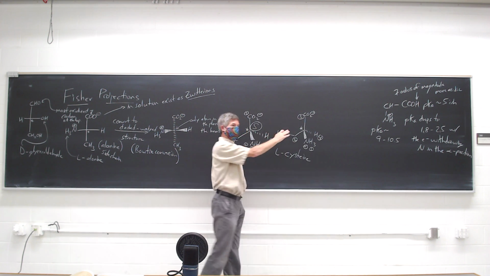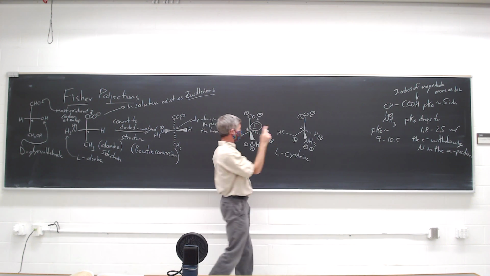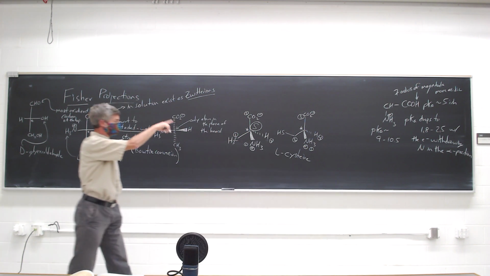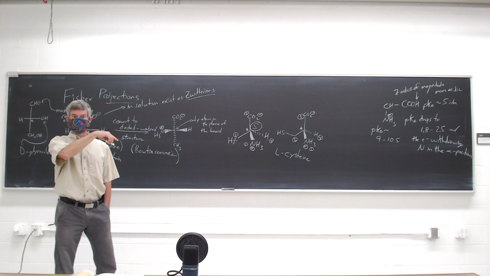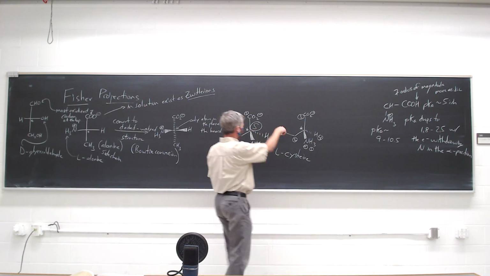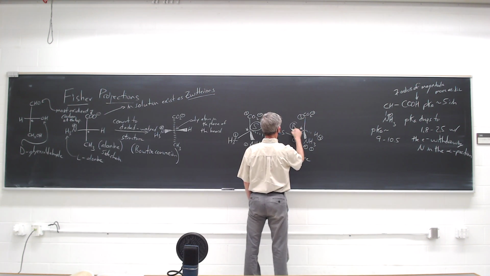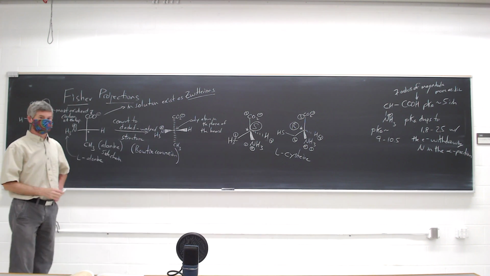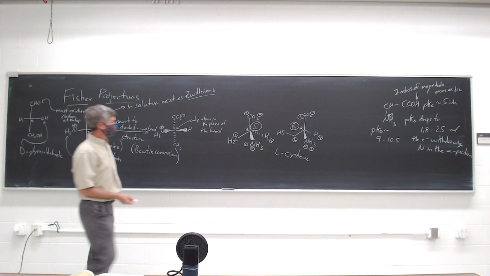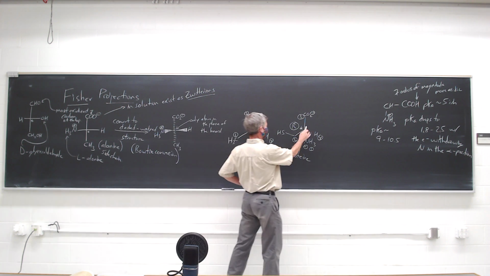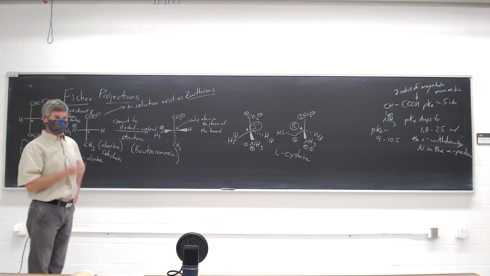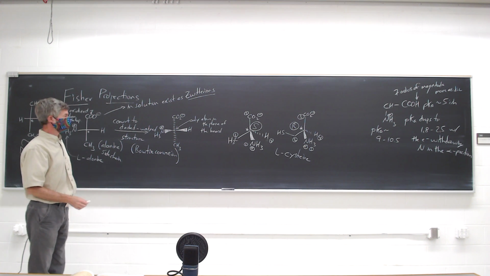Even though that's bound 3 times to oxygen, one sulfur, because it's heavier, outranks the oxygen. So because of that switch, the side chain actually has priority 2, and cysteine is the only common amino acid on that list of 20 that has an R stereocenter. But as I said, it's not because the configuration changes. It's still an L series amino acid. It just has a switch in the priorities because of the sulfur.